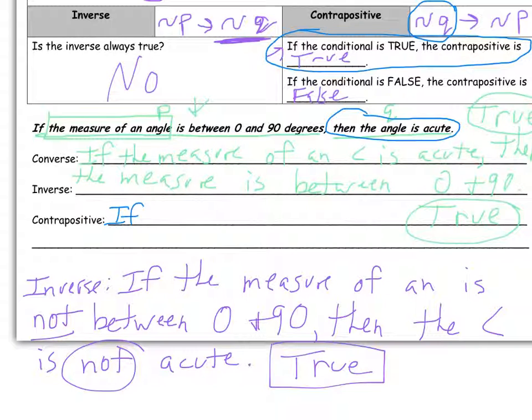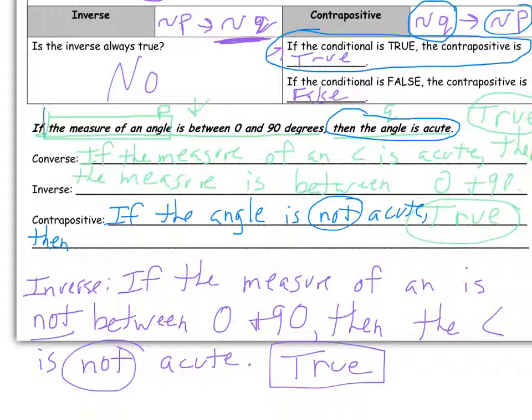If the angle is not acute, then we write the negation of the hypothesis.